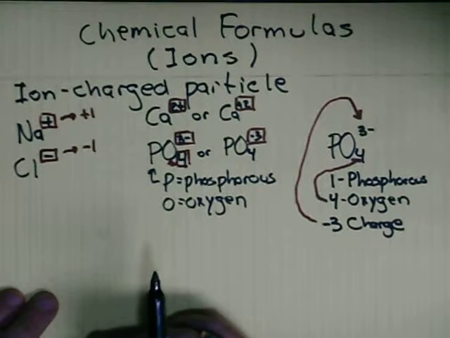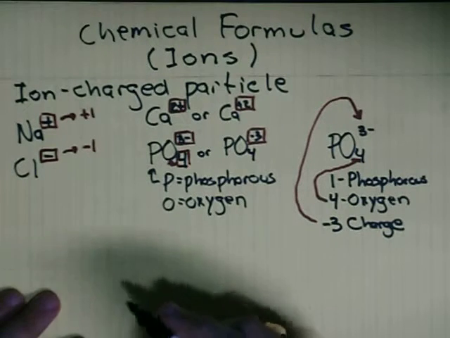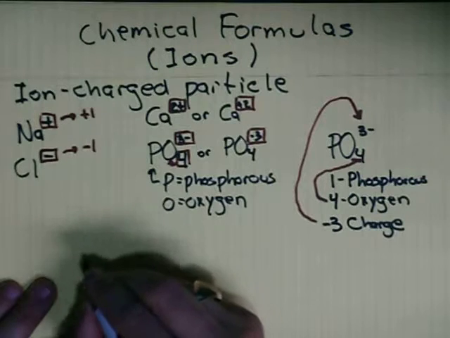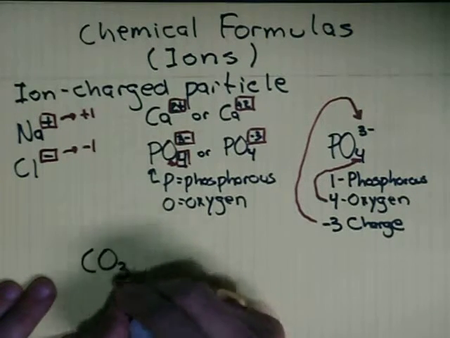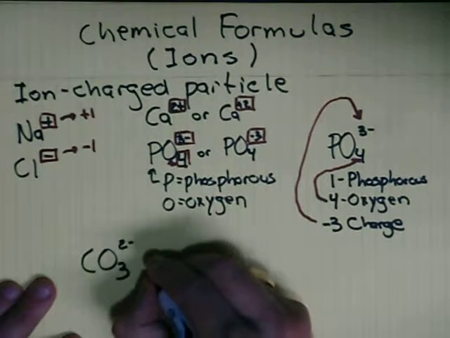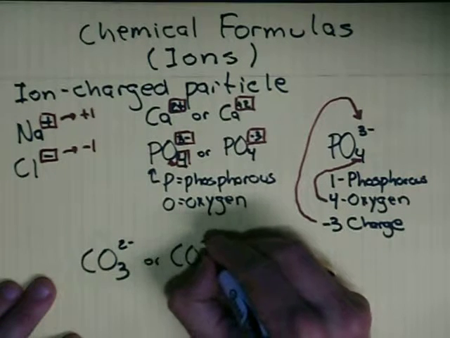So another example, just to show you, is with carbonate, which is one that we've talked about a little bit before. So carbonate is CO3 2 negative, or CO3 negative 2.